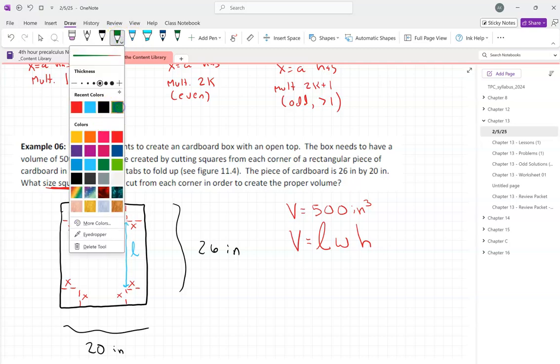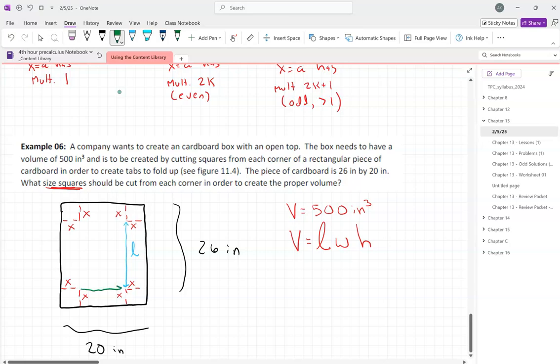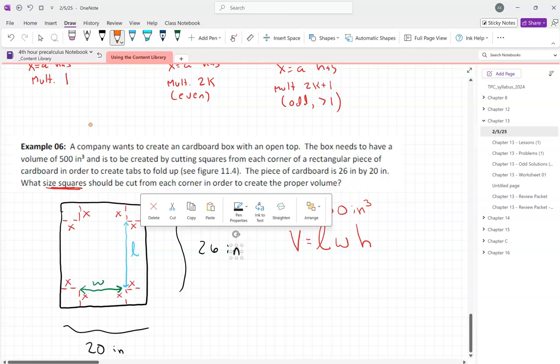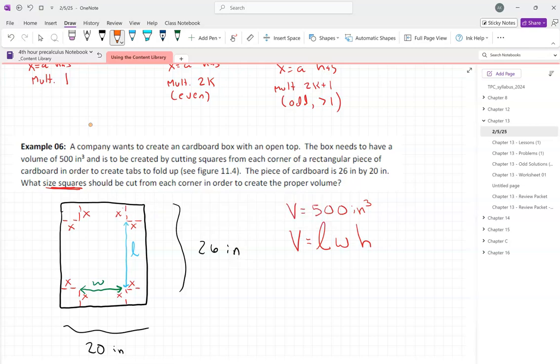And then we'll fold along this edge, and that'll be the width. And this edge here is going to be the height, because that'll be coming up out of the plane, right? Does everybody feel okay picturing this thing in three dimensions, where the length, width, and height are? Okay.